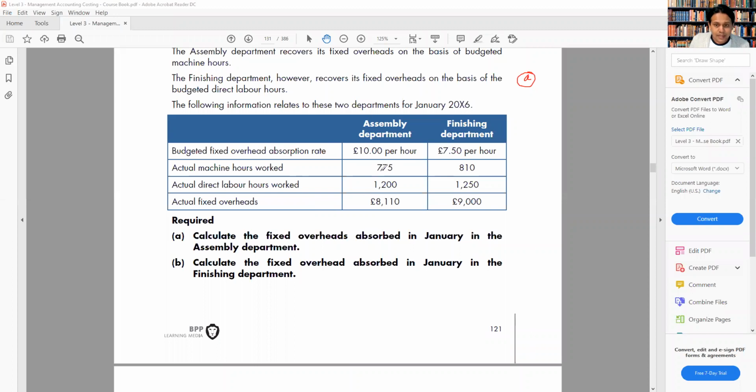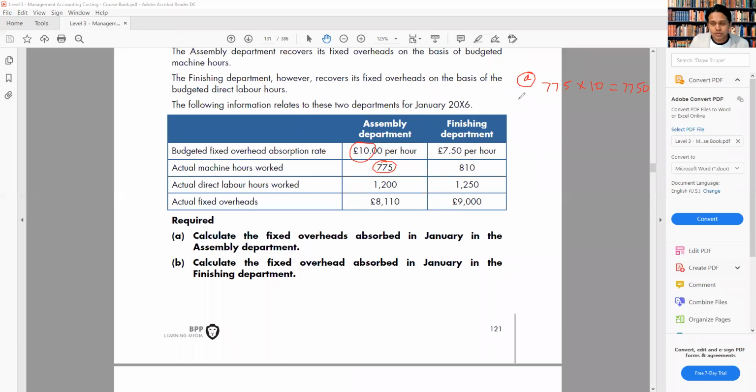We can see how many hours we have absorbed, 775, and per hour is 10, isn't it? If you multiply by 10, that gives me 7750.